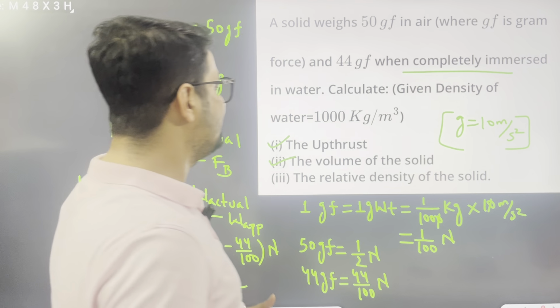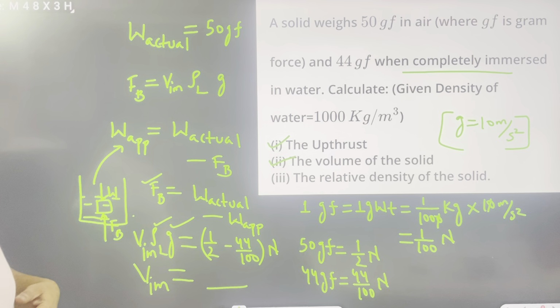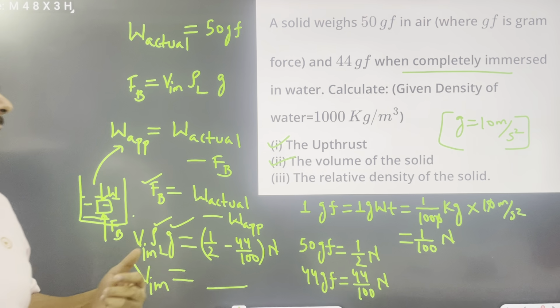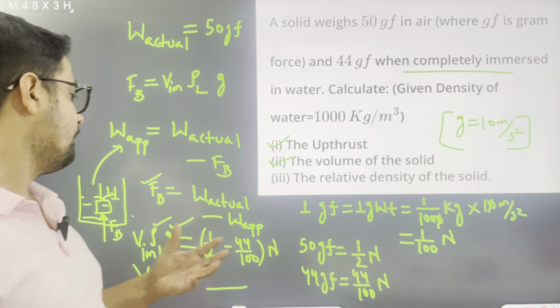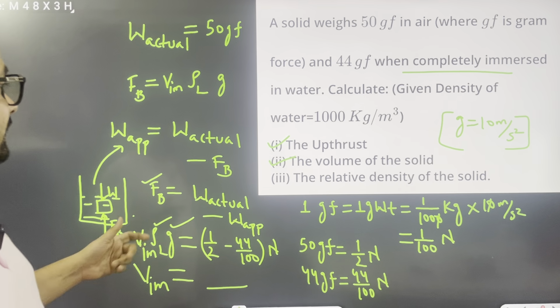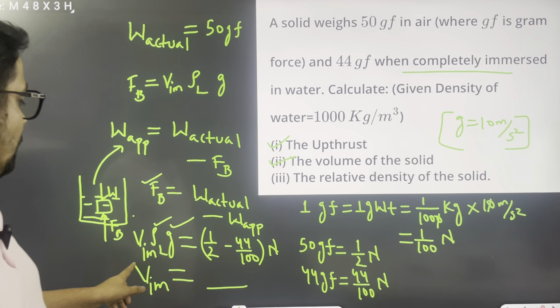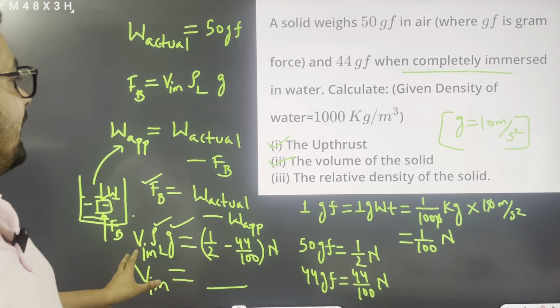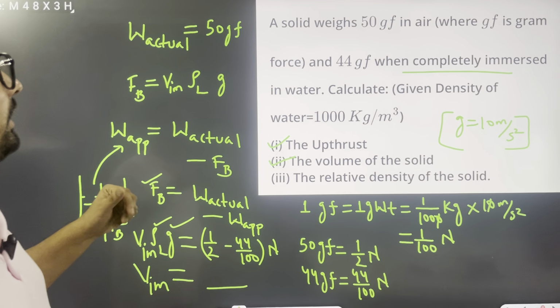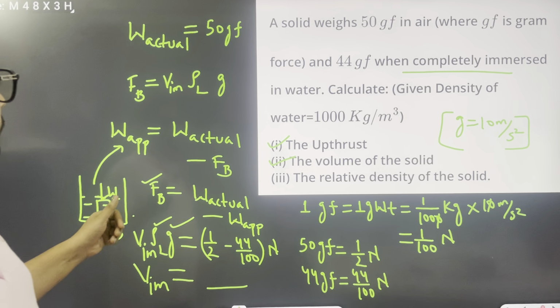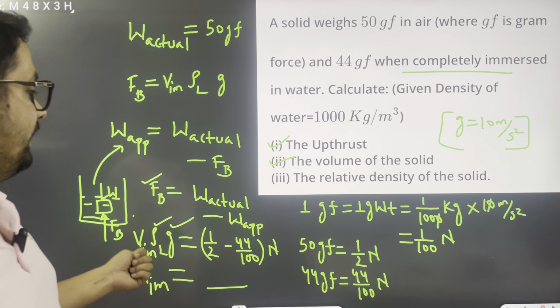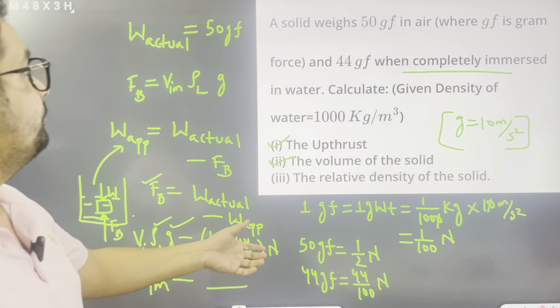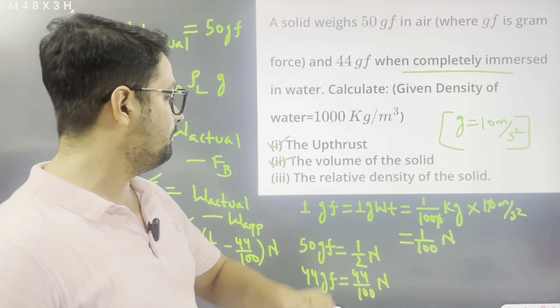Now the third one is the relative density of the solid. What is the relative density of the solid? Density of solid divided by density of water. So how will you find the density of the solid? If you get V immersed, and the mass you can find out, because you know the weight. The actual weight is 50 gf, which is 1 by 2 Newton.